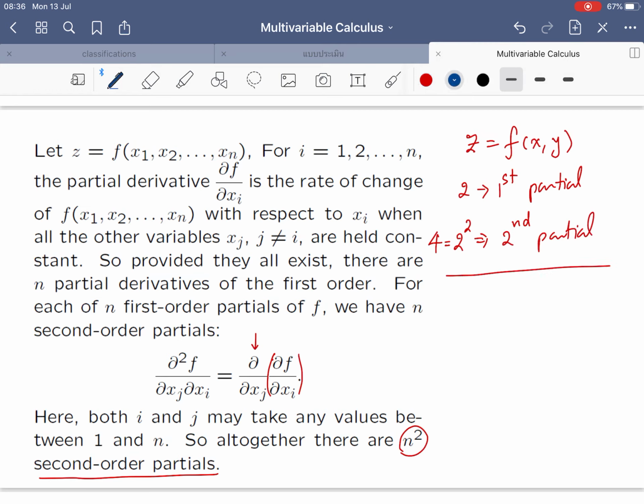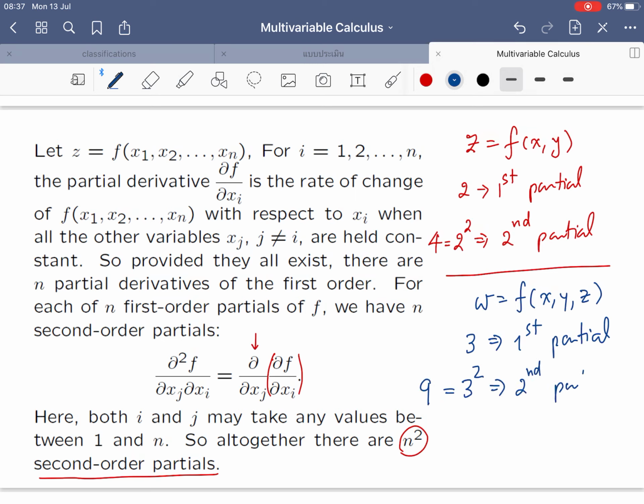If you start from a 3-variable function, you have 3 first partial derivatives to start with, and each one of them gives another 3 second partial derivatives, so you get 9, or 3 squared, second-order partial derivatives. This is what they want to explain.